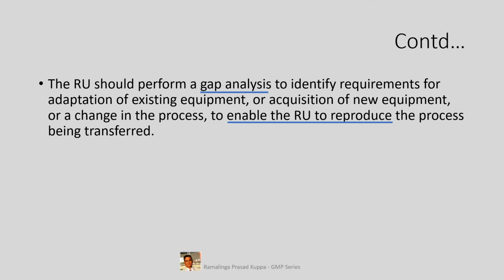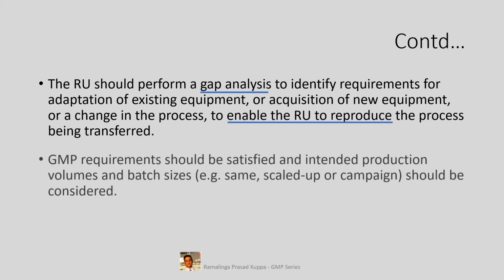Data submitted by the sending unit should be reviewed by the receiving unit for suitability and take necessary correction after verifying the gap analysis. This supports to enable the RU to reproduce the process on routine basis.